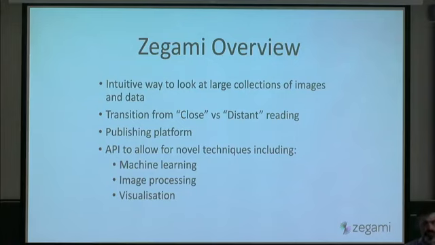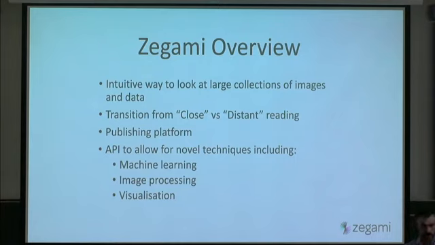It's also a publishing platform, so you can put this on the web and look at it on your phone or any device, and make your data more accessible instead of trapping it in a silo where no one else can see it, or where they have to download some package or compile X, Y, Z to see your results.